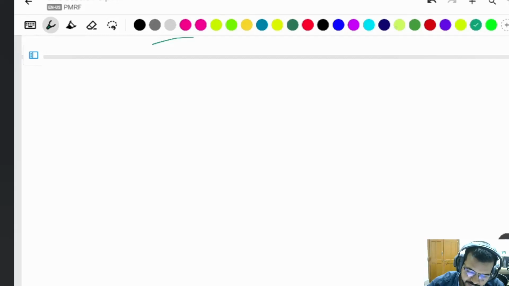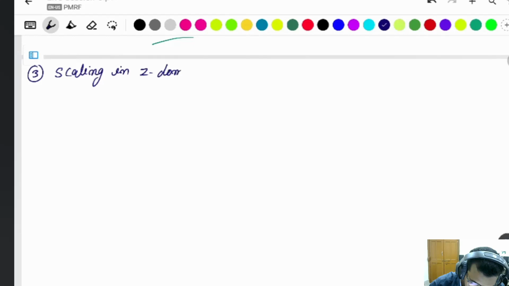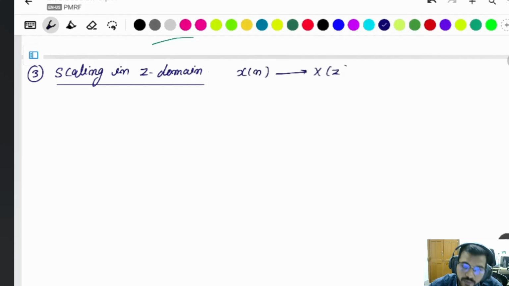Scaling in z domain. If there is any function x[n] that has a z transform X(z), and you multiply it by z naught to the power n, where z naught is some constant, not z only, you can put any constant value.